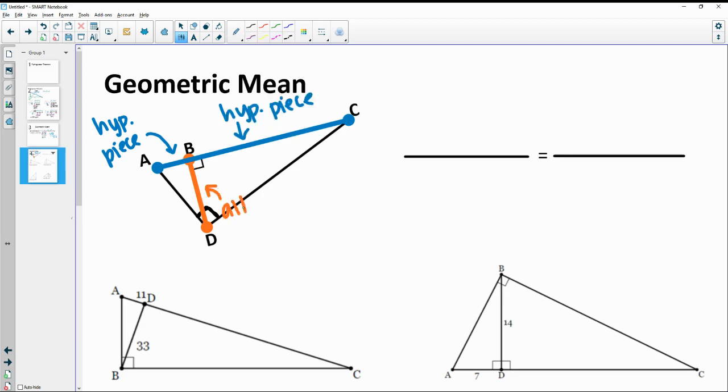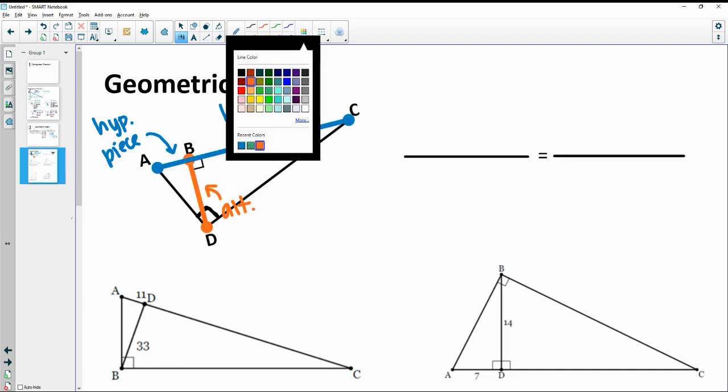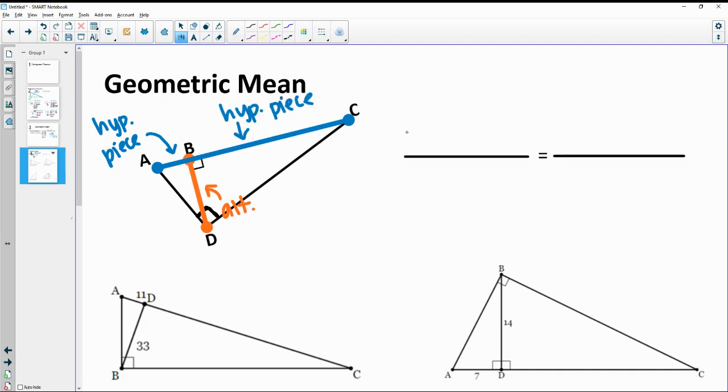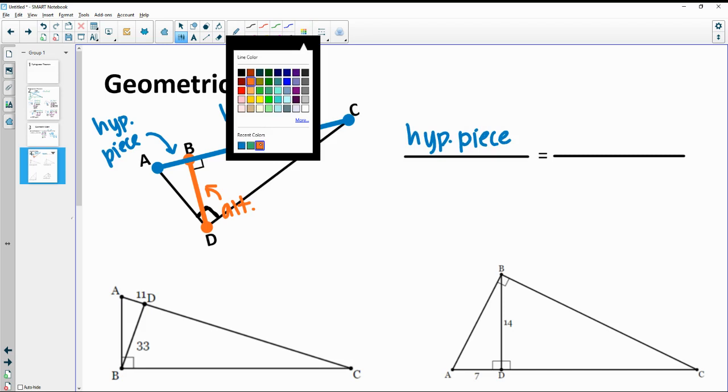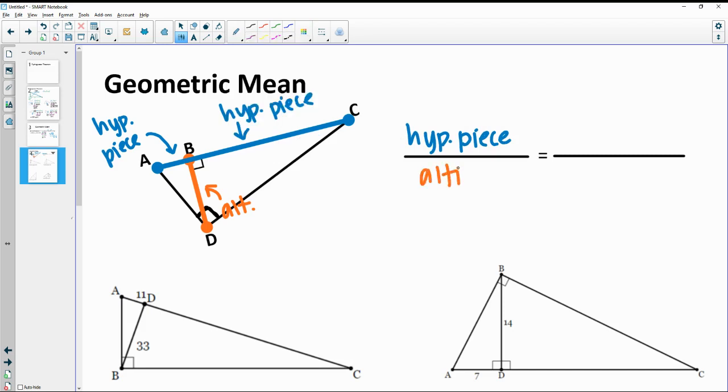So the proportion that gets set up here is that we would have the hypotenuse piece, either one of them, it doesn't matter, divided by the altitude, is going to equal the altitude divided by the other hypotenuse piece.